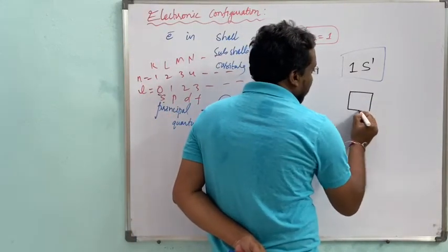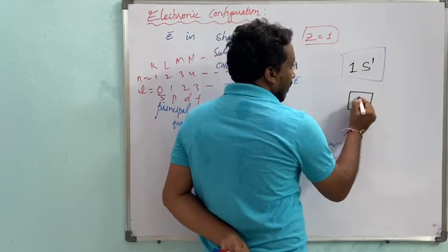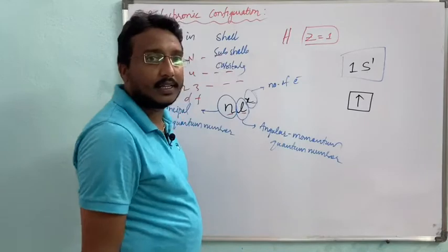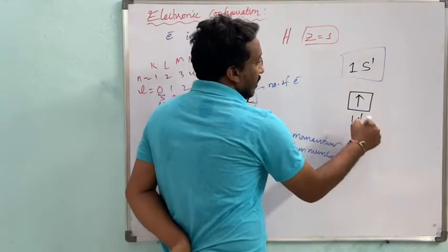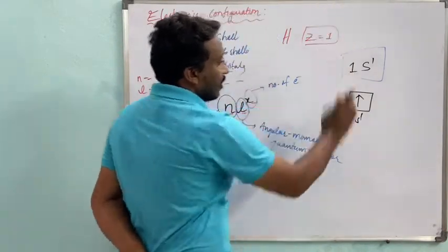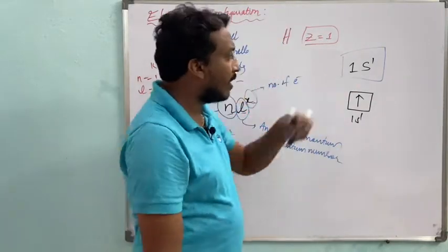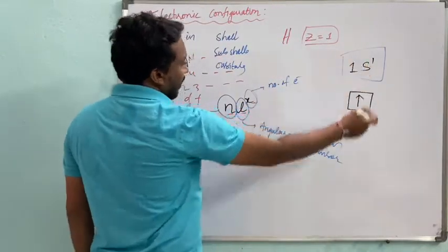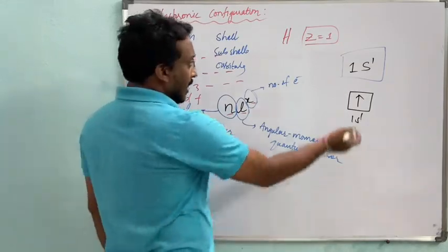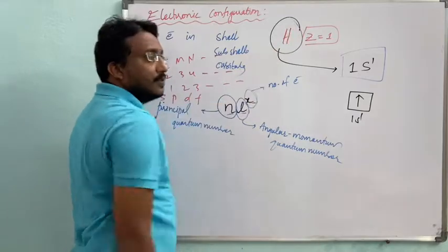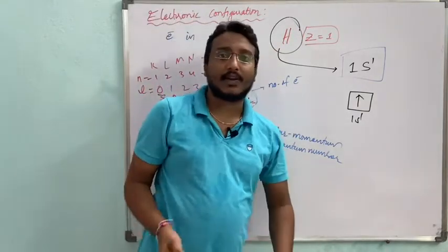Like this we write 1s1 with the spin of the electron, either upward or downward. Only one electron, right? Usually we take it in the upward direction. This is the electronic configuration of the hydrogen atom.